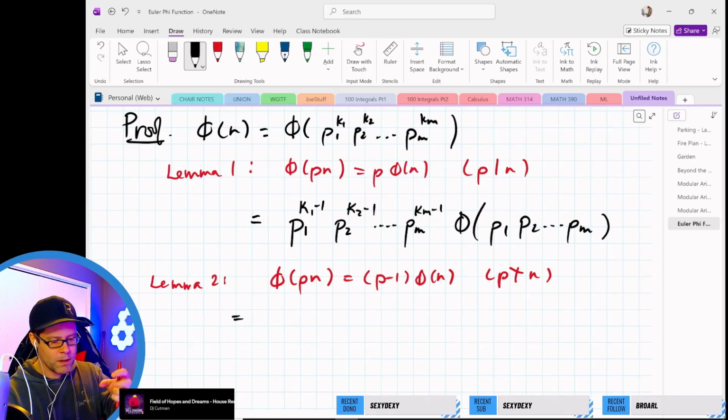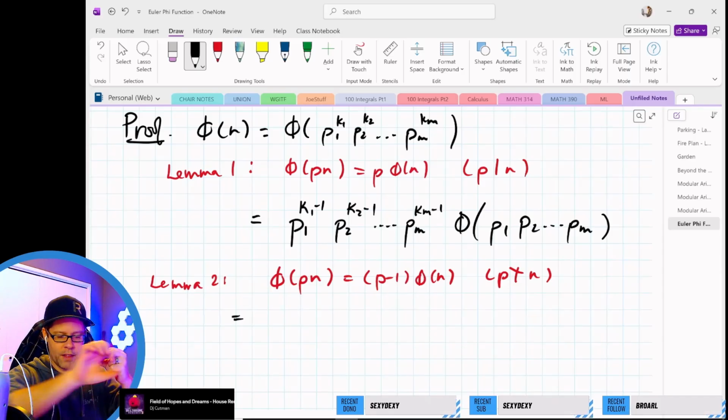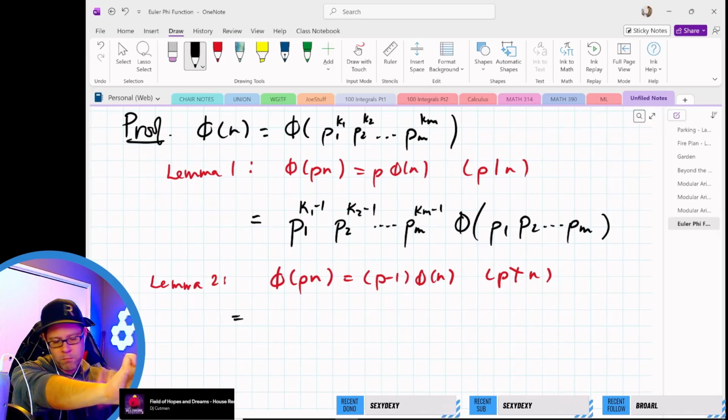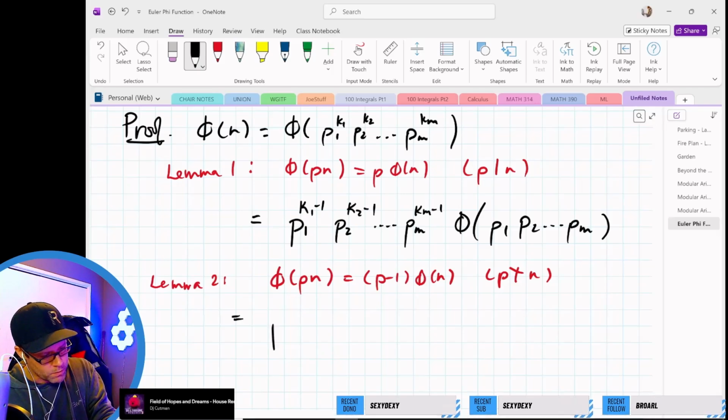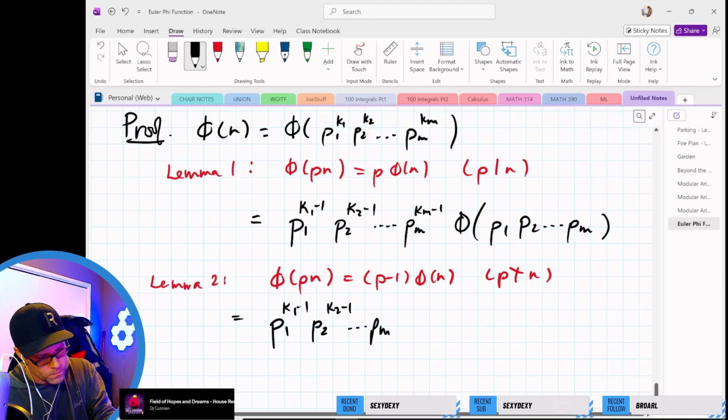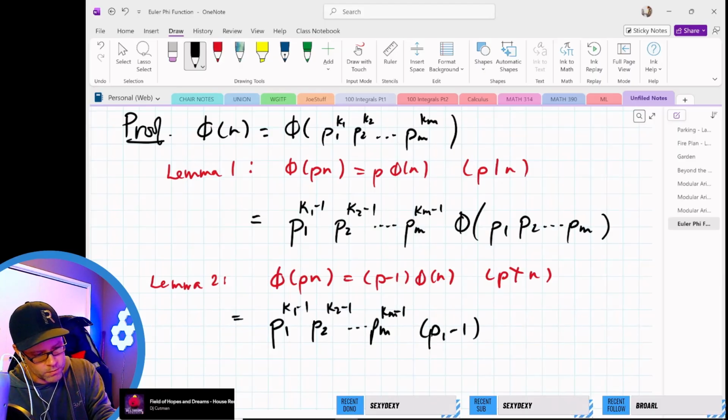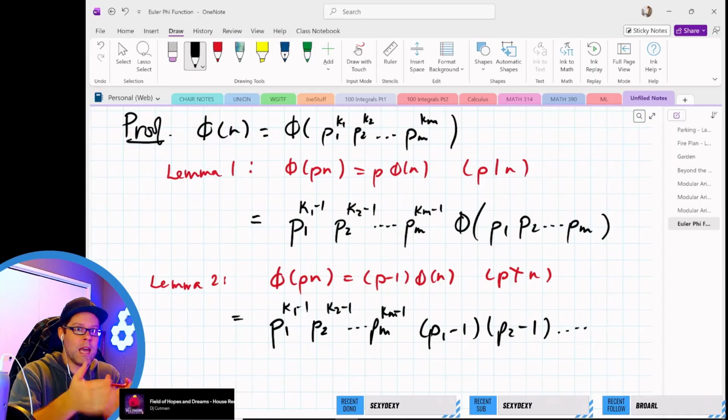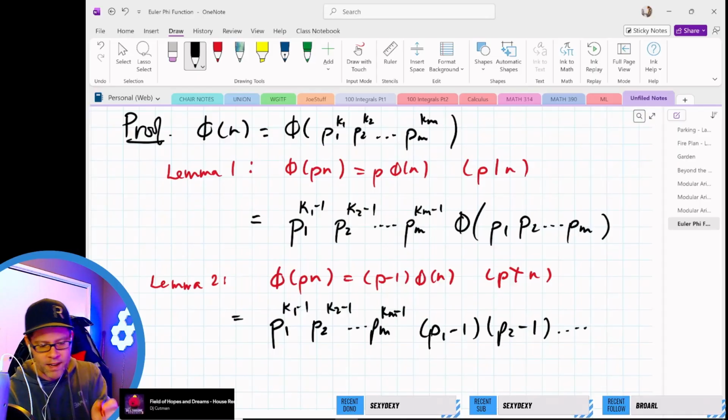Each time I look at a prime number and the rest, I'm going to get a factor of p minus 1. So we can now rewrite this in the following way. Each of these prime numbers that are left over is now going to get a p1 minus 1, a p2 minus 1, sorry. And this keeps going until we are left over with only phi of pm, but that's a prime number, and we know that the Euler phi of that is pm minus 1.